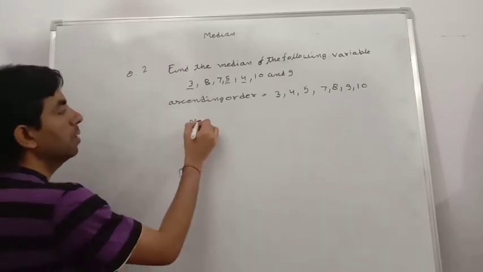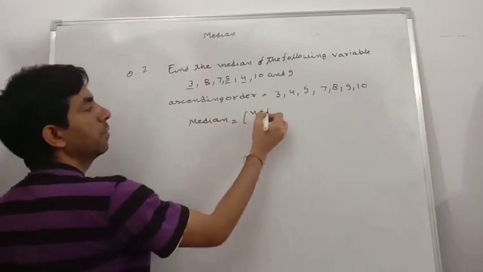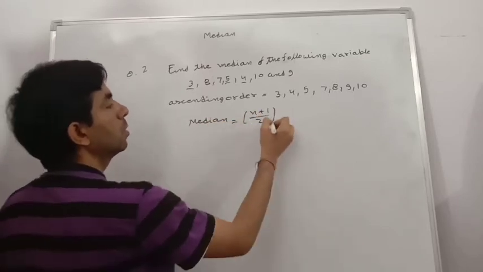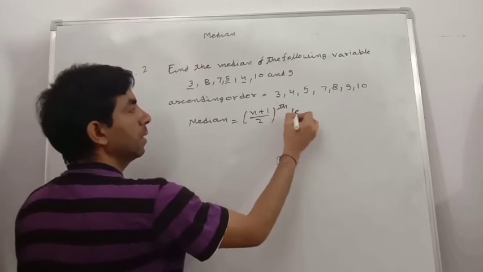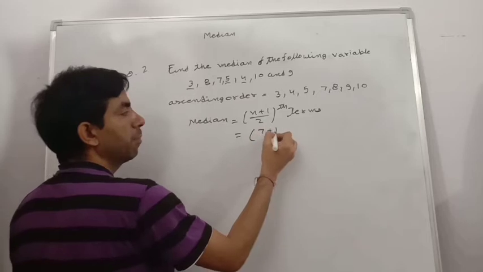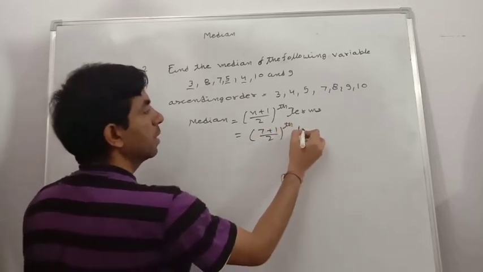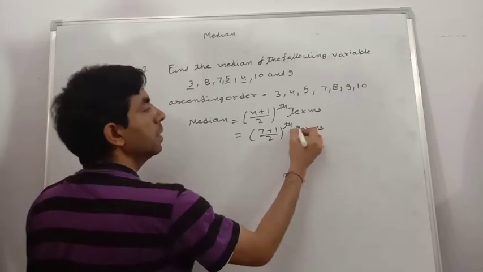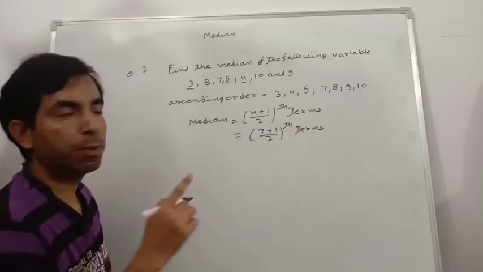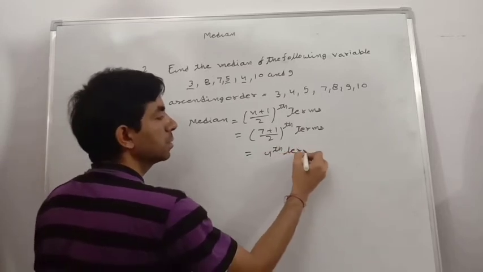So here there are 7, an odd number. The median formula is the (n plus 1) upon 2 th term. The value is (7 plus 1) upon 2 th term. 7 plus 1 is 8, 8 upon 2 is the 4th term.